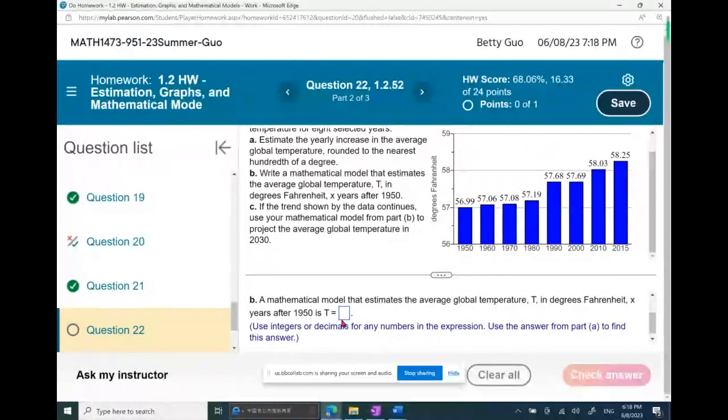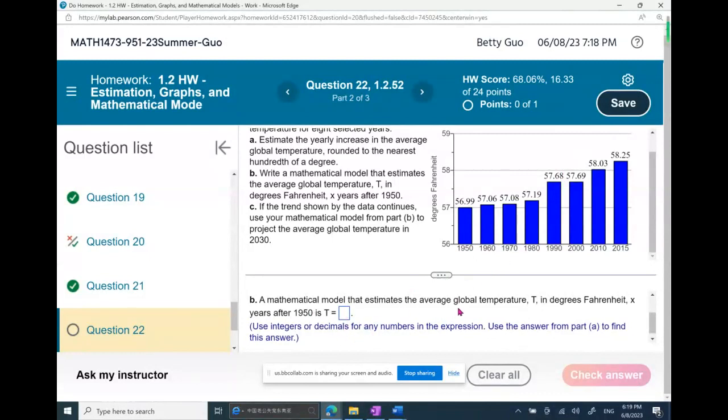For part B, a model that estimates the average global temperature T in degrees Fahrenheit. By the way, we only learn linear models. As you can see, it is more like a parabola, to be honest. But yeah, we see that as a linear model.